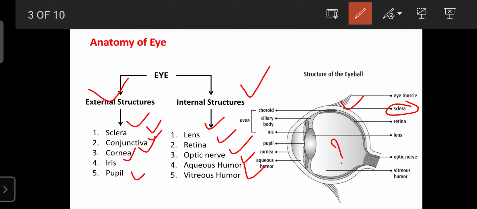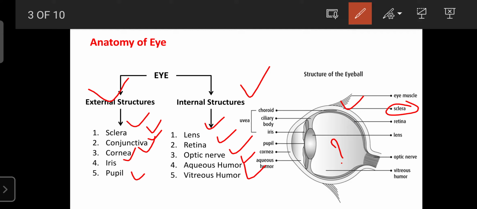The conjunctiva helps to keep the eye moist as well as clear, because it is involved in the secretion of a small amount of mucus and tears. These tears and mucus keep the eye moist and clear.